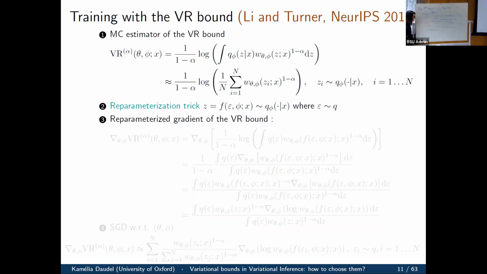I'll actually try to write this one in a readable manner because it's the one that matters. And the 1 over 1 minus alpha, is it?